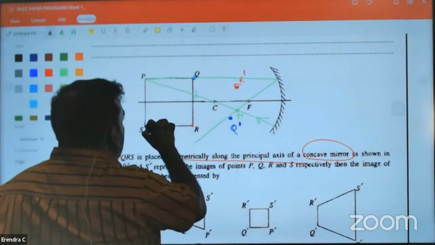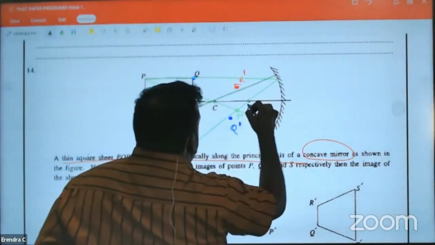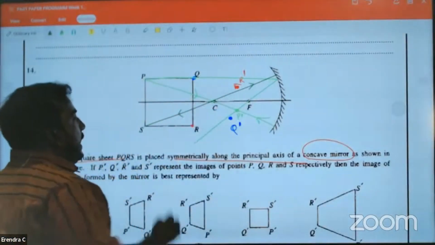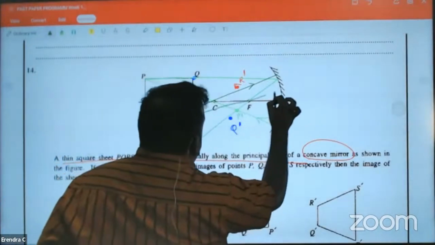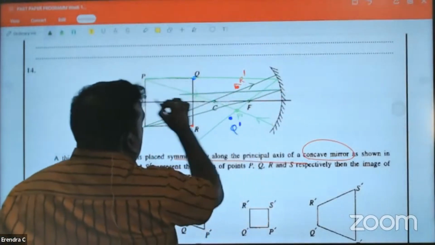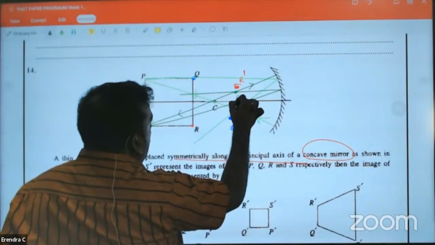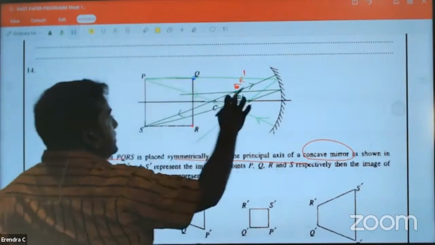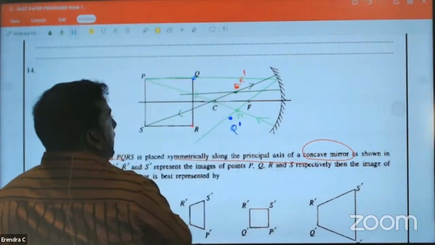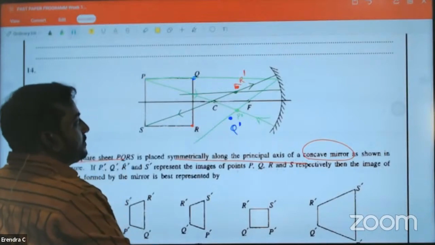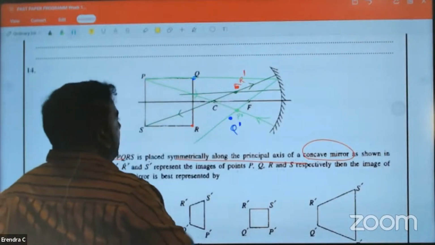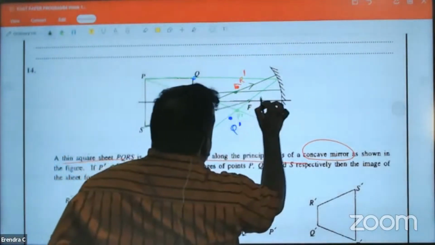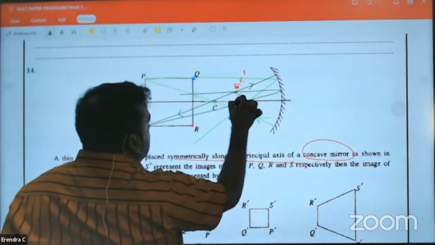What about S? Light rays going through the center travel back undeviated, go this way, come back. Light rays going through the focal become parallel. Here you will get S dash. One ray I forgot. Here the ray, going through the focal goes parallel. S dash here.